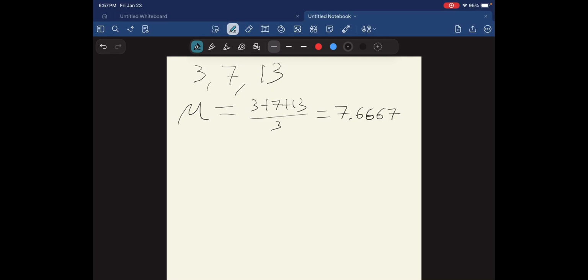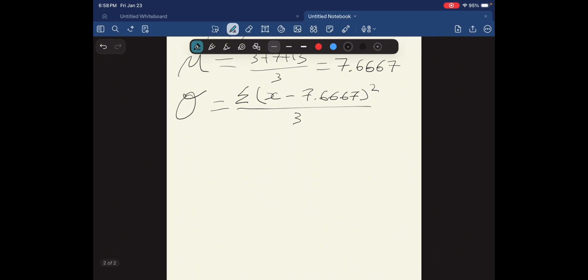That's our average of the population. So let's just plug that into our formula here. So let's do sigma equals the sum of x minus 7.6667 squared all over, and since we do have 3 terms, 3, right?